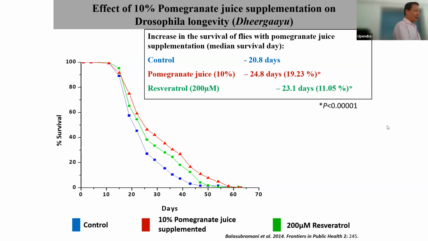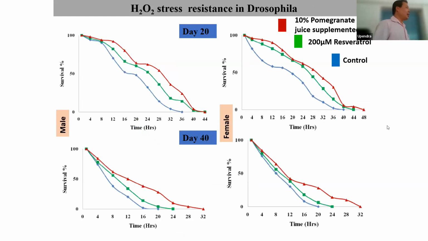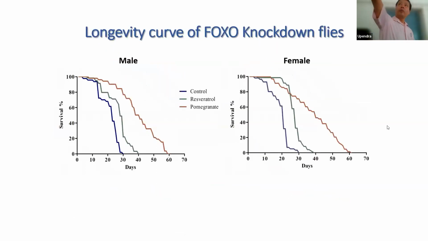But it increases, okay? That is what we have shown. And it reduces stress, any kind of oxidative stress happening in the body will be reduced. Then we worked out the pathway, how it works by targeting the FOXO pathway. That is what we have done.